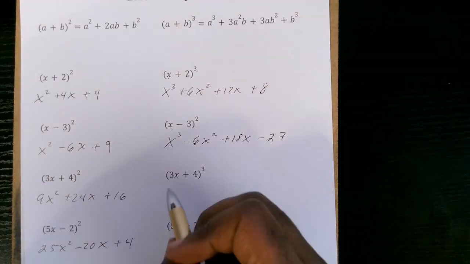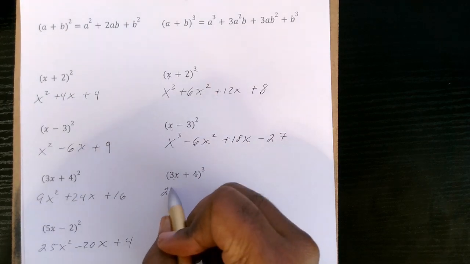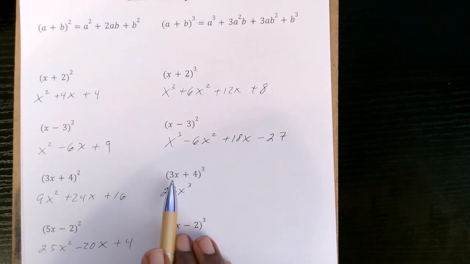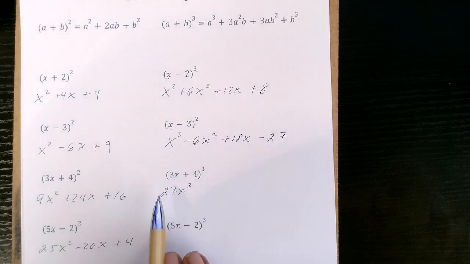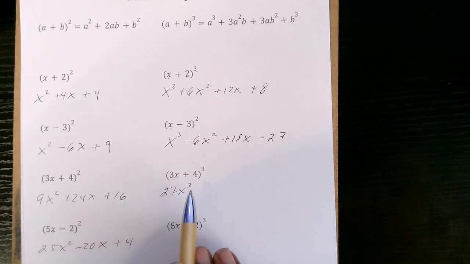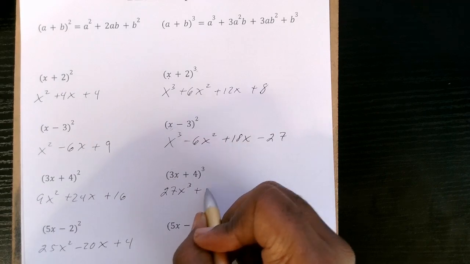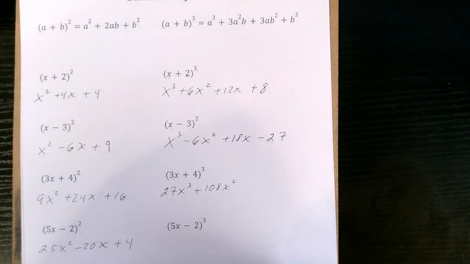Next, 3x times 3x times 3x gives us 27x cubed. 3x times 3x times 4 times 3 is going to give us 9 times 12. That's going to be 120, take away 12, which is 108x squared.